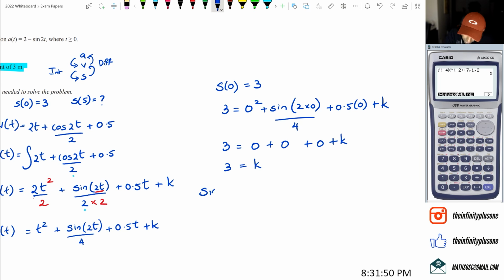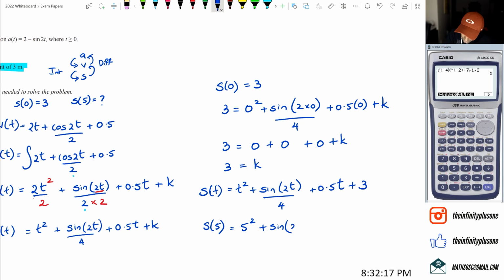So I have the equation for s of t, which is t squared plus sine 2t over 4 plus 0.5t plus 3. Now I can work out what s of 5 is, because that's what the question is asking me to do. So I've got 5 squared plus sine of 2 times 5 over 4 plus 0.5 times 5 plus 3.